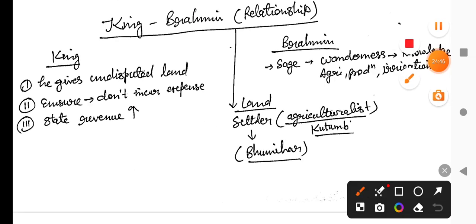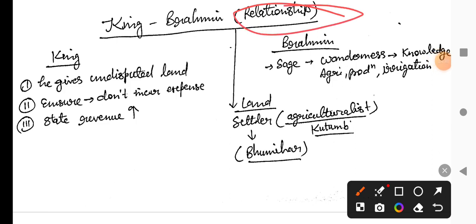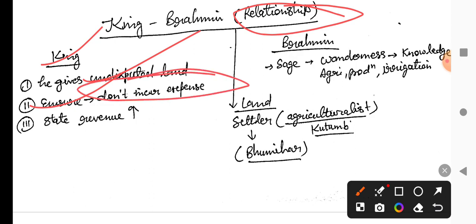And what is the relationship between Brahmin and king during that time? So the king is responsible for giving undisputed land to the Brahmins, and he ensures that Brahmins need not incur expense for the land grants, okay.